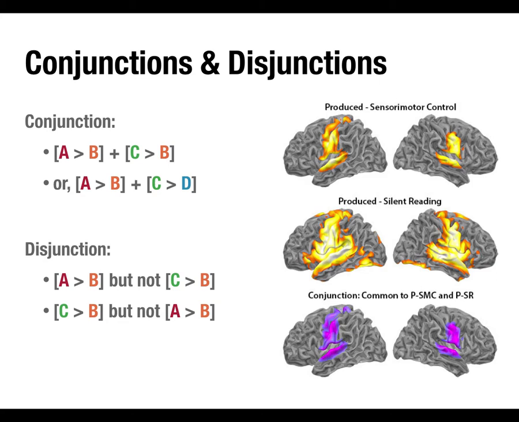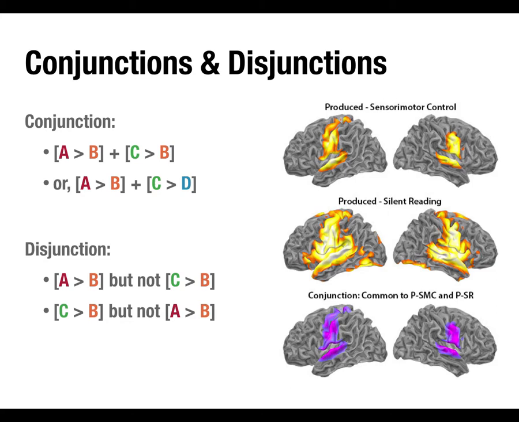But if we have multiple different ways of defining and exploring semantic processing, then you can use the conjunction analysis to see what's consistent across all of those different tasks that we call semantic, and what falls by the wayside because it was present in verbal semantic processing but not visual semantic processing or something like that.